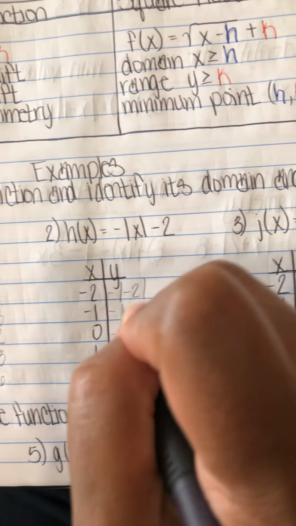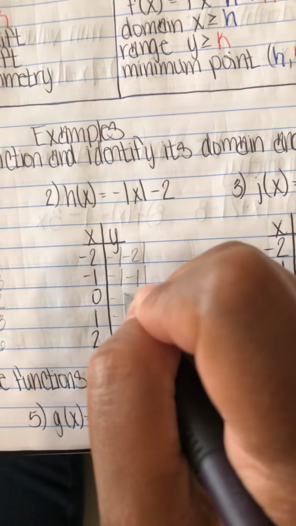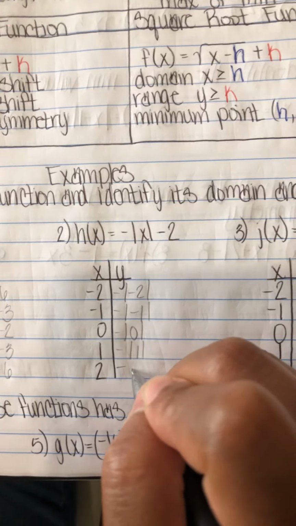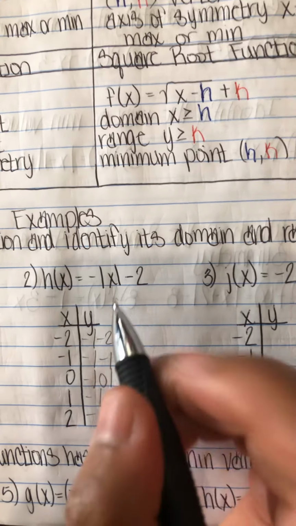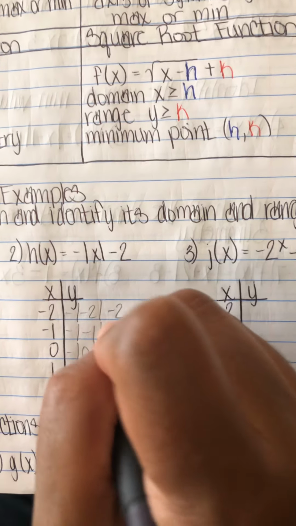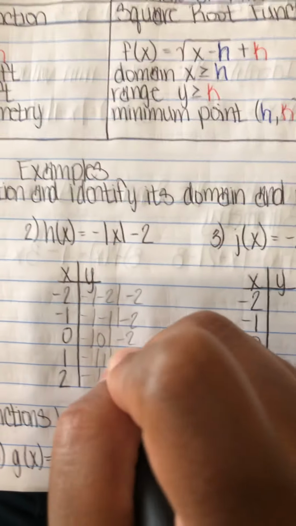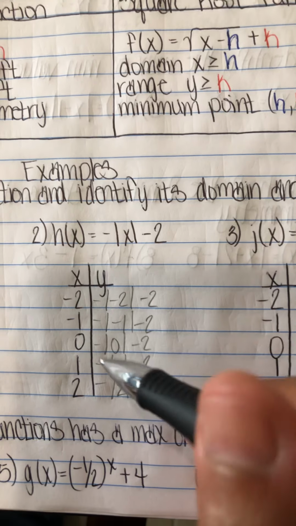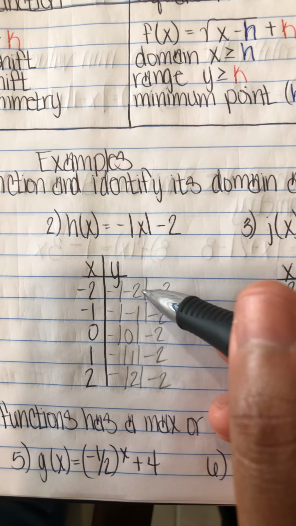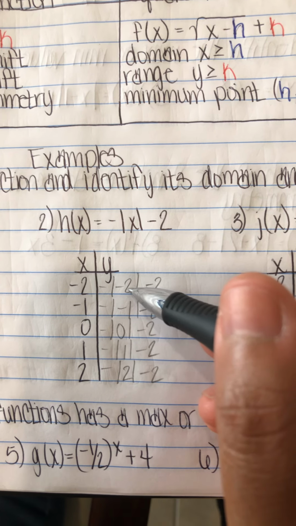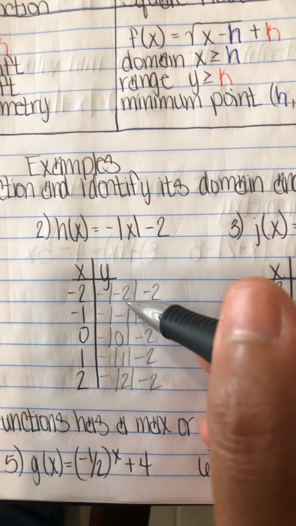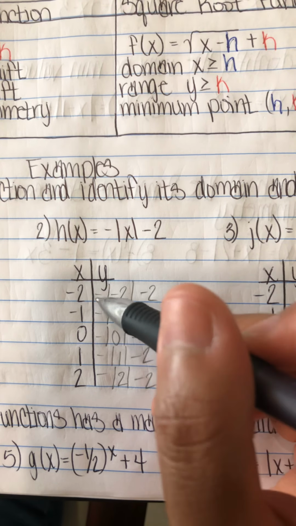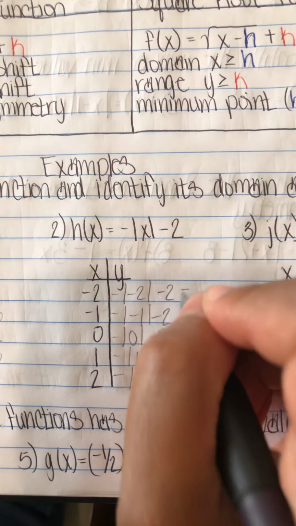So I'm going to put my x and my absolute value. -2, so -2 all the way down. All right, first thing, absolute value of 2. The absolute value of -2 is going to give me +2. +2 times -1, -2. -2 minus 2, -4.